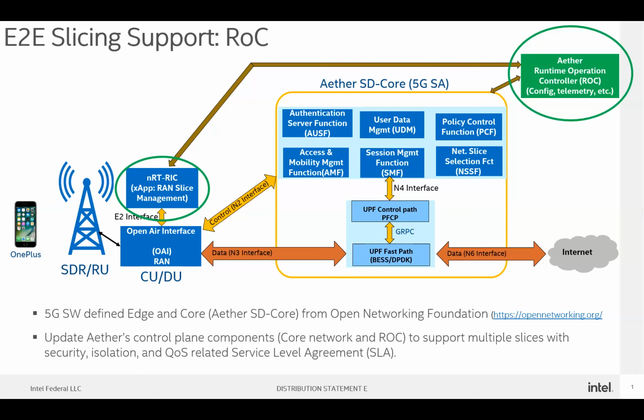On the RAN side, we have the near-real-time RIC, but we don't have any non-real-time RIC or SMO. So the most appropriate way is making the ROC act like an SMO, to have this connection and control from the ROC itself, not just for the core network, but also for the RAN side.